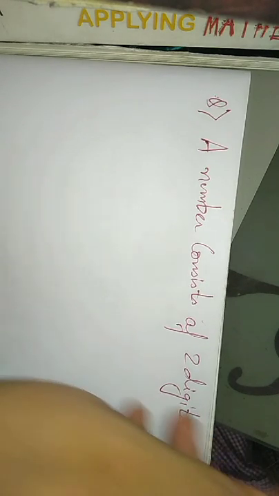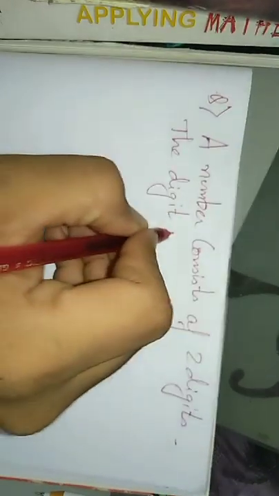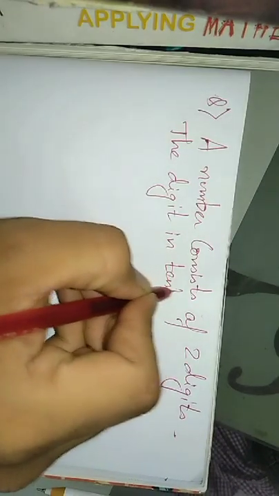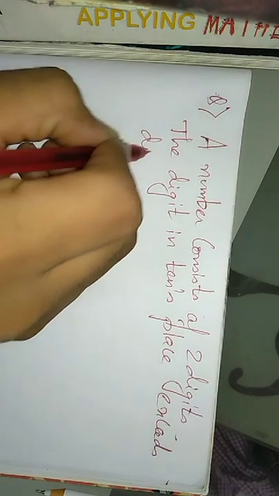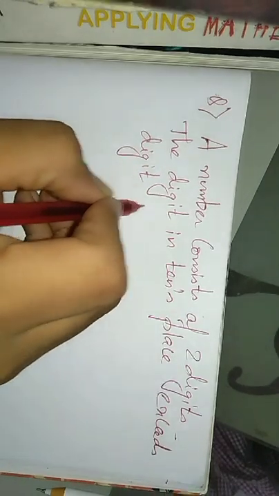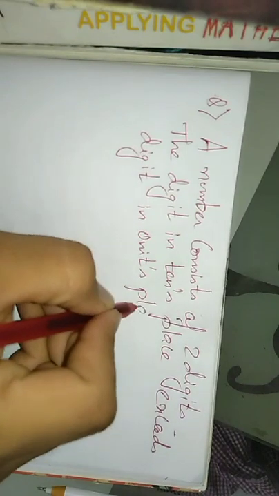Next, the digit in tens place exceeds the digit in units place by 2.